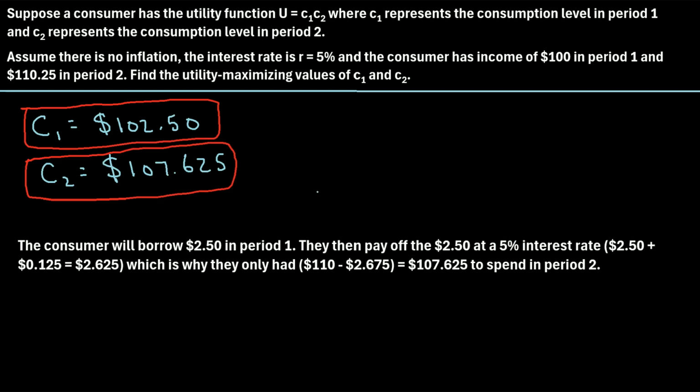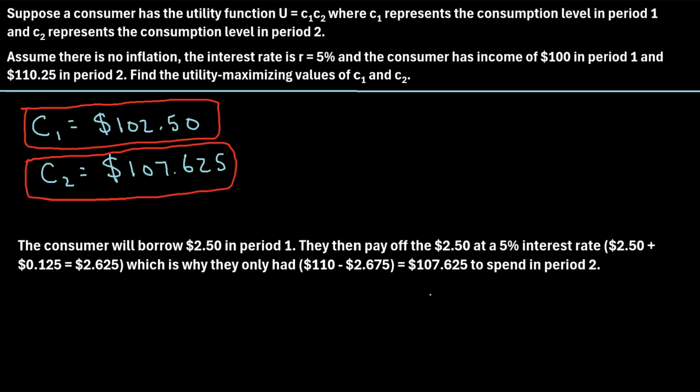So that would be $2.50 plus 5% of $2.50, which is 0.125, so a total of $2.625, which is why, remember their income from period 2 was 110, but once we subtract that amount, the borrowed money plus the interest they had to pay off, they're only left with $107.625 to spend in period 2.